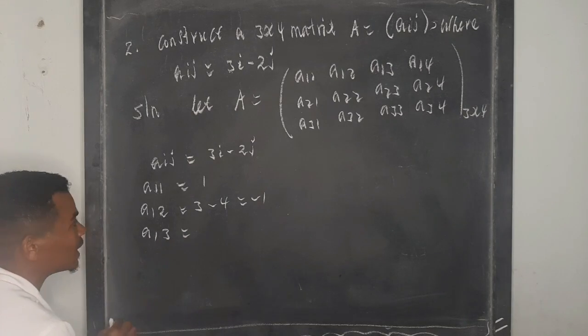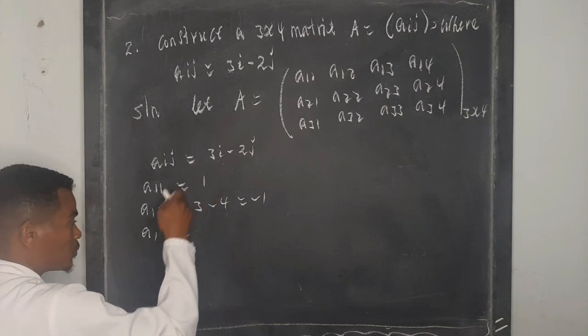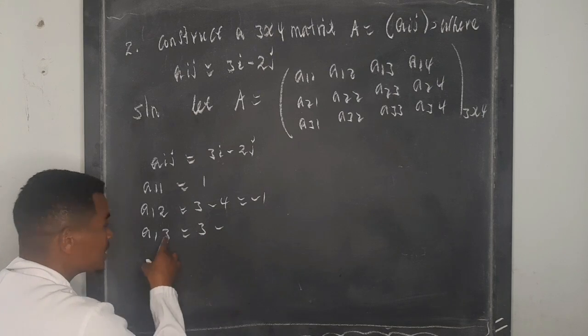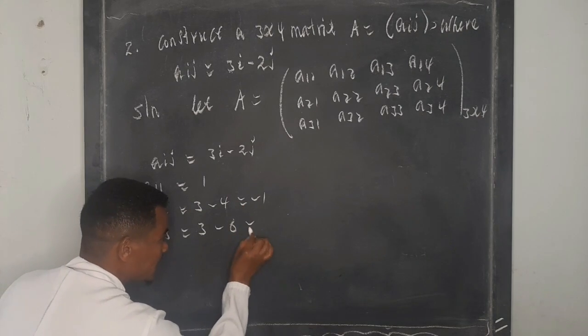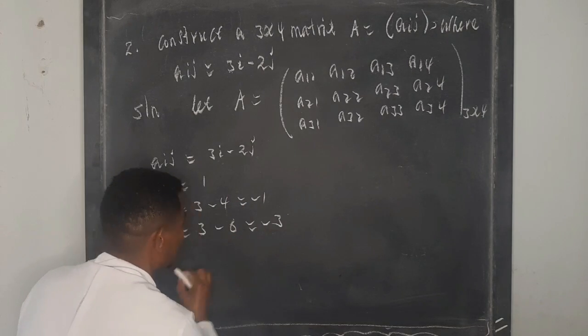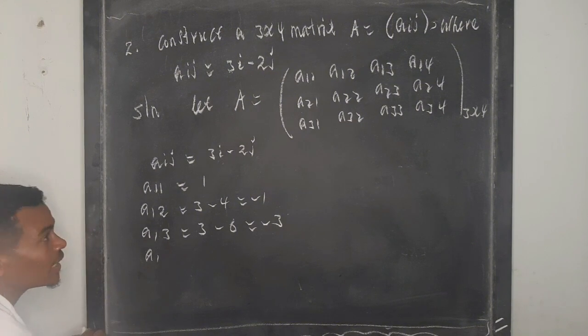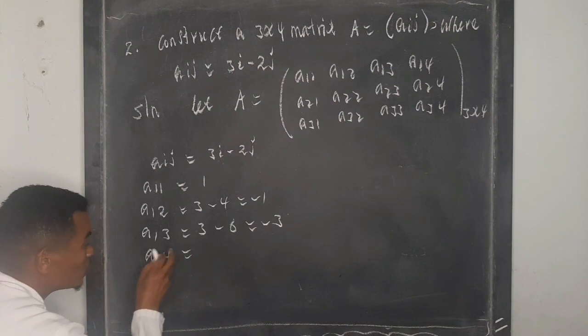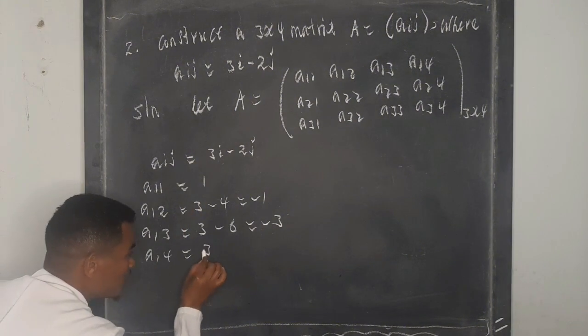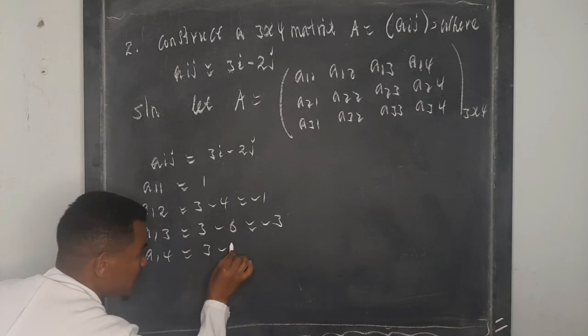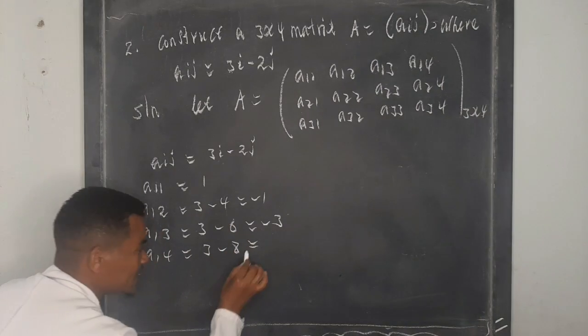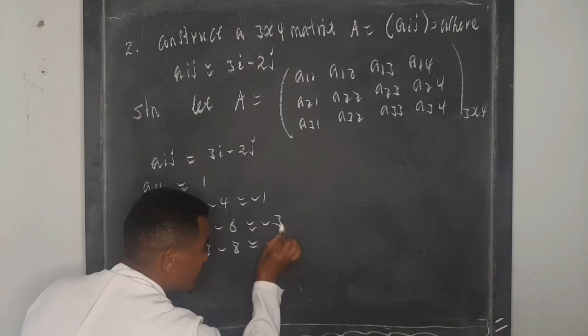a13 means we multiply 3 times 1, which is 3, minus 3 times 2 is 6, which is minus 3. a14 is equal to 3 times 1 is 3, minus 4 times 2 is 8, 3 minus 8 is minus 5.